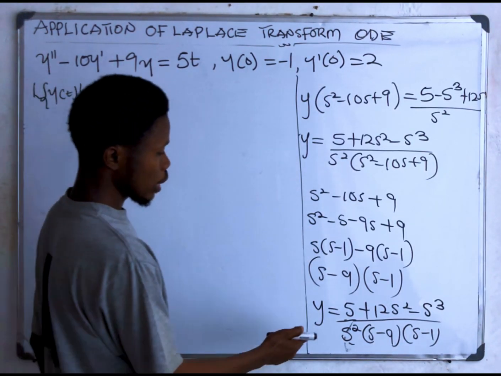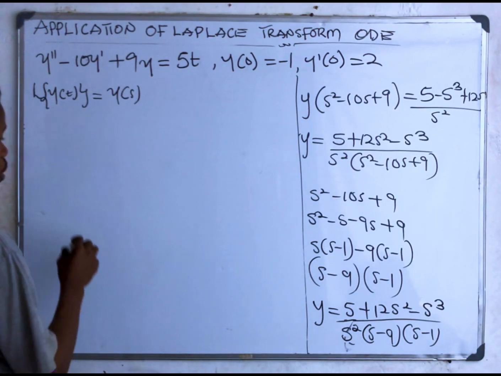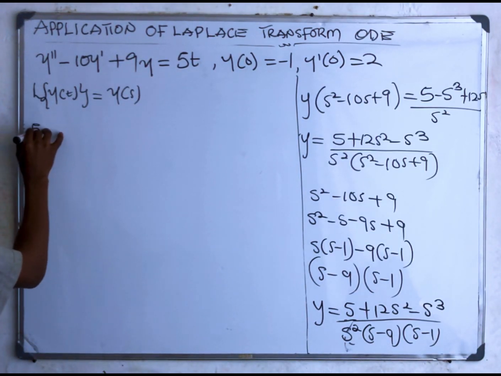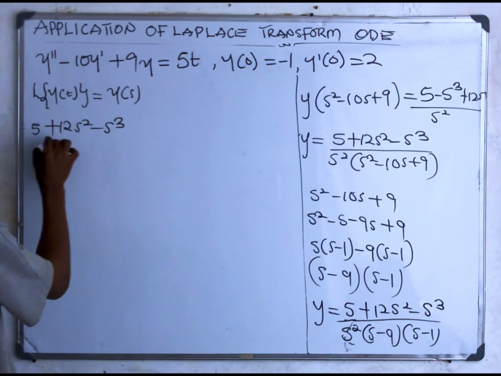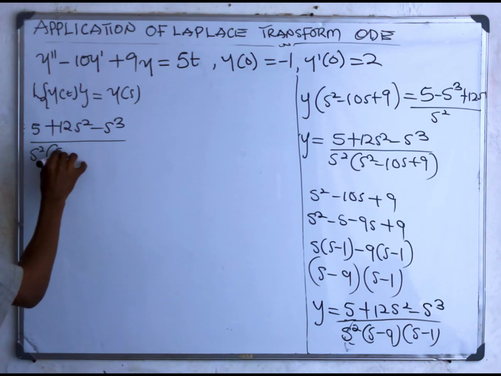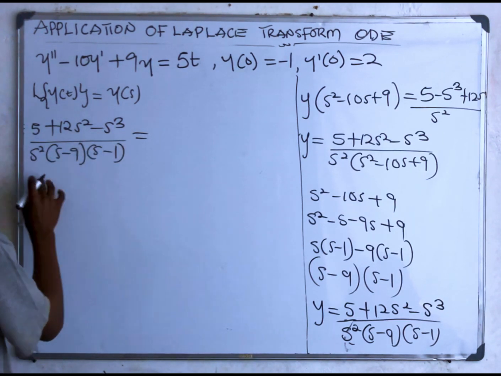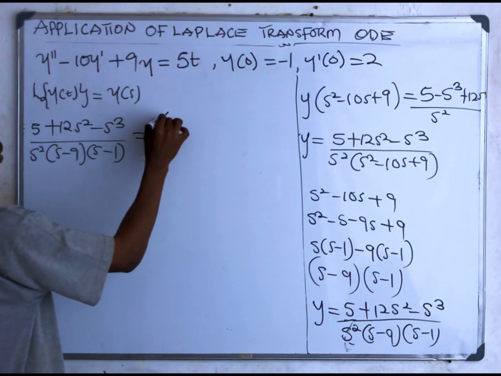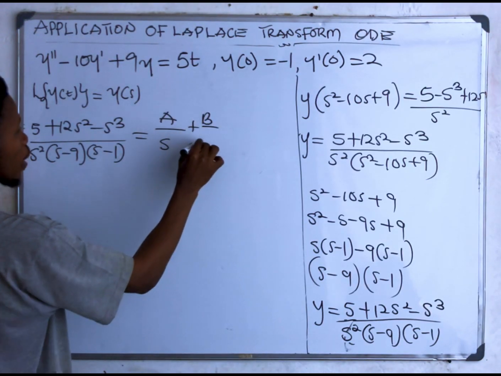Now at this point, this is where I can apply partial fractions. So I have 5 plus 12s squared minus s cubed, all divided by s squared, s minus 9, s minus 1. You see, this is repeating, so it becomes A over s, plus B over s squared.